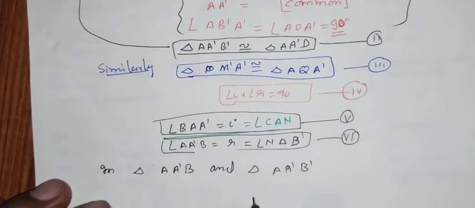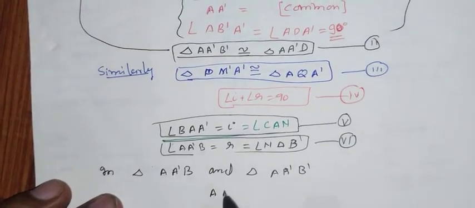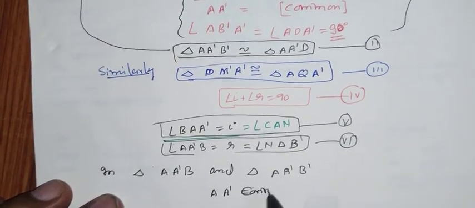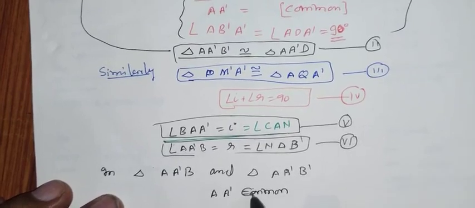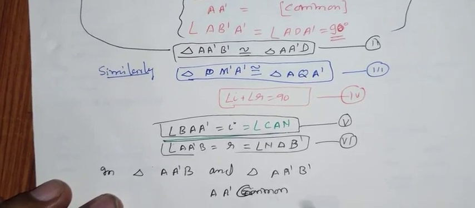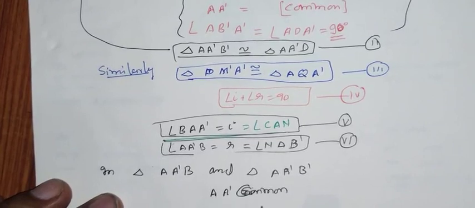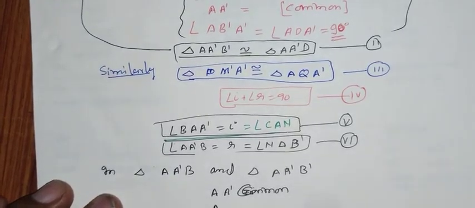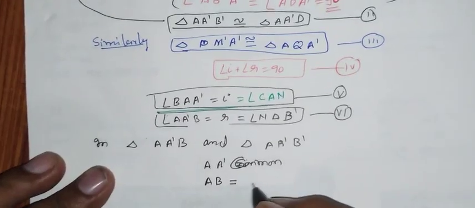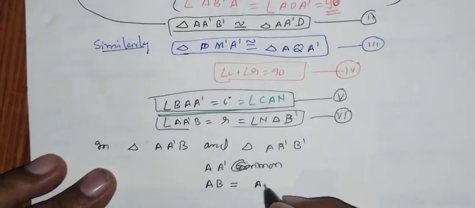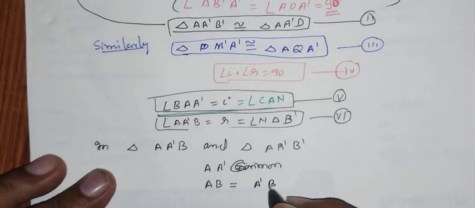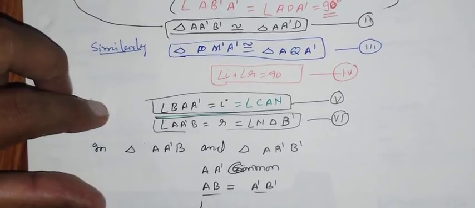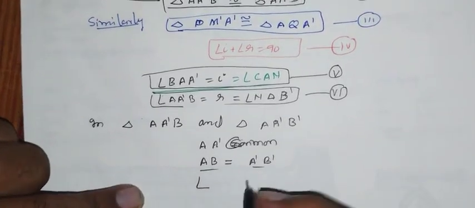Here A' is common, and what we are going to show, see here, AB is equal to A'B', and one more angle is equal.